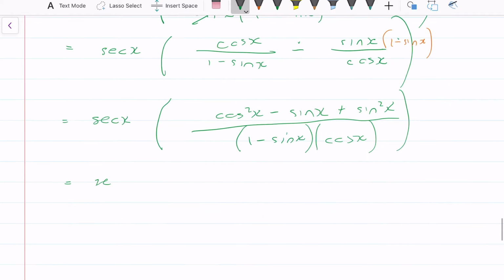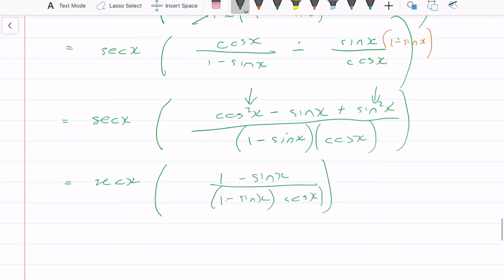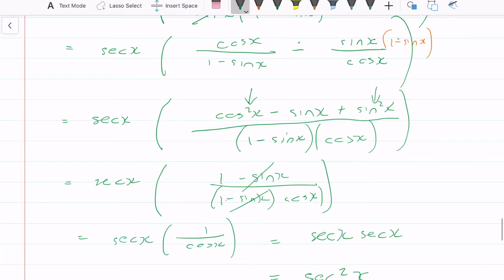So we're left with sec x times cos squared plus sine squared gives me 1 minus sine x over 1 minus sine x times cos x, which these two things cancel, gives me sec x times 1 over cos x, which is equal to sec x, which is equal to sec squared x.